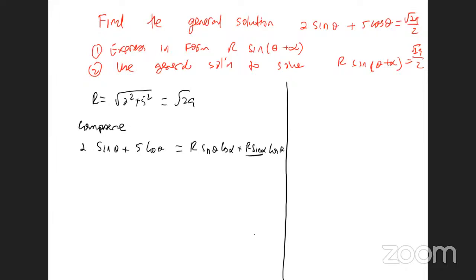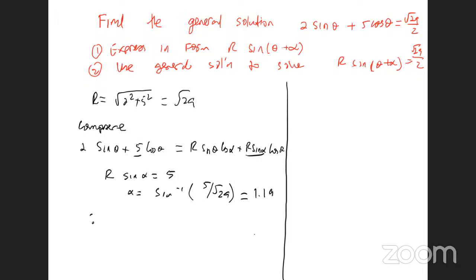Using this equal to this, r sine alpha is equal to 5. So alpha is sine inverse 5 over root 29. How much was that? 1.19. I can leave it like that.